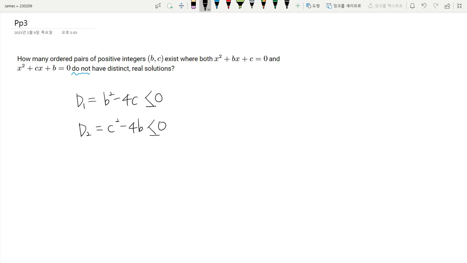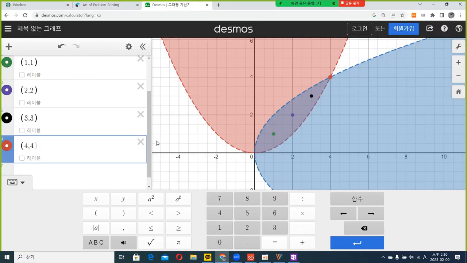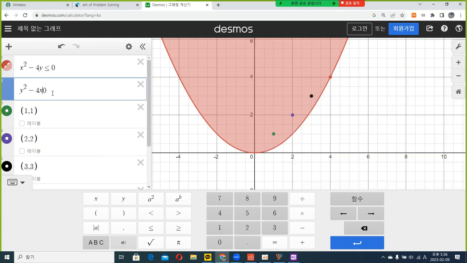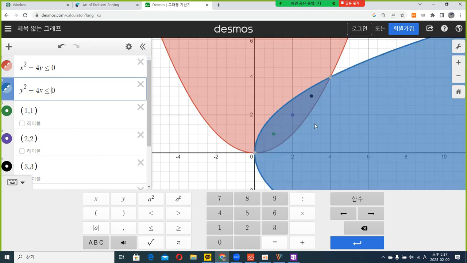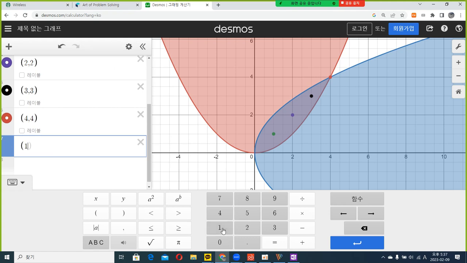In such a case, there will be a double root. A double root means only one real solution, so that's not distinct. So in this case, we can include 1 and 2 and 2 and 1.